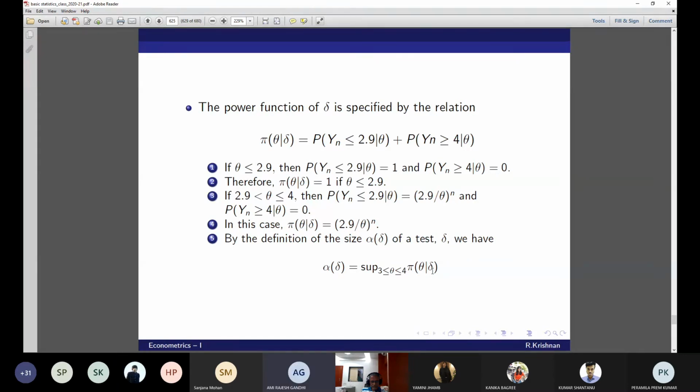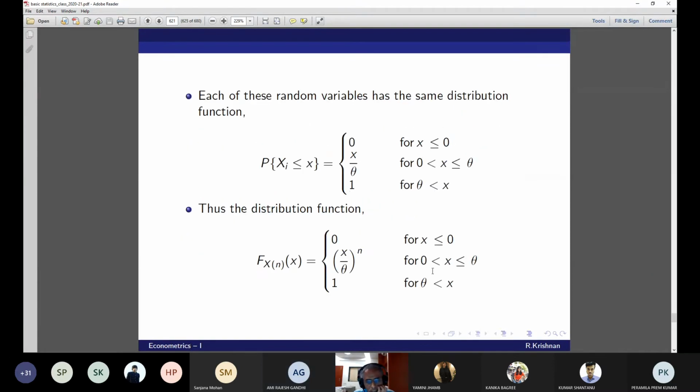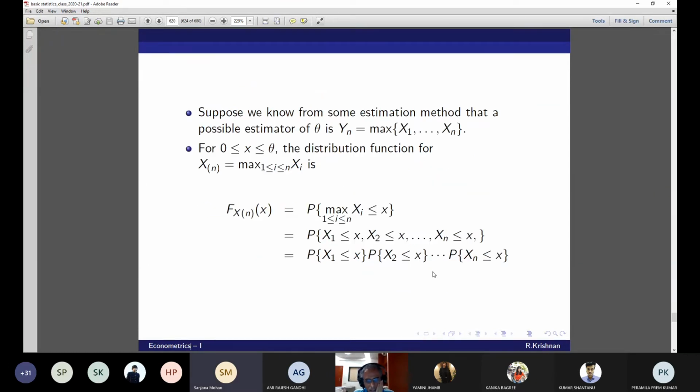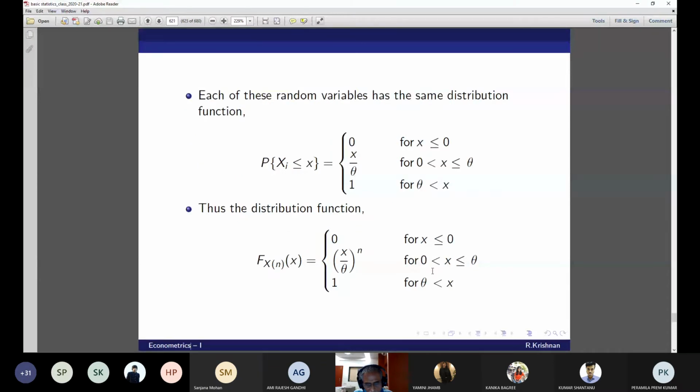Sir, is it from the distribution function we just calculated, x by theta whole to the power n? Yeah, it is from the PDF. You see, remember from here we came here for every xi, and then for xn it is nothing but the product of all these n's, isn't it?